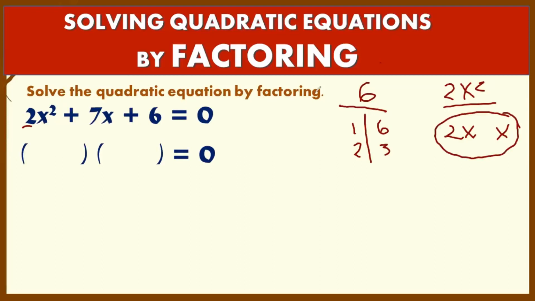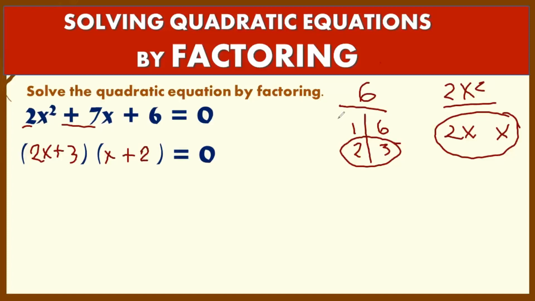So 2x and x will be the factors of our first term, and we are going to take the factors 2 and 3. So you can write down 2x as your first factor and x will be the second factor for the 2x squared. Then we can put plus 3 here, then plus 2 on the other.